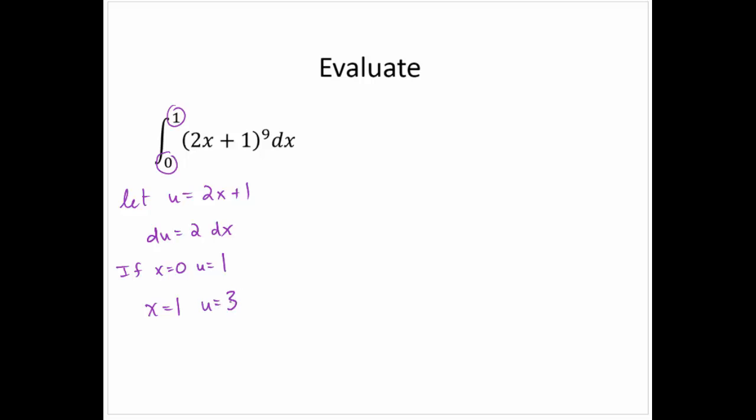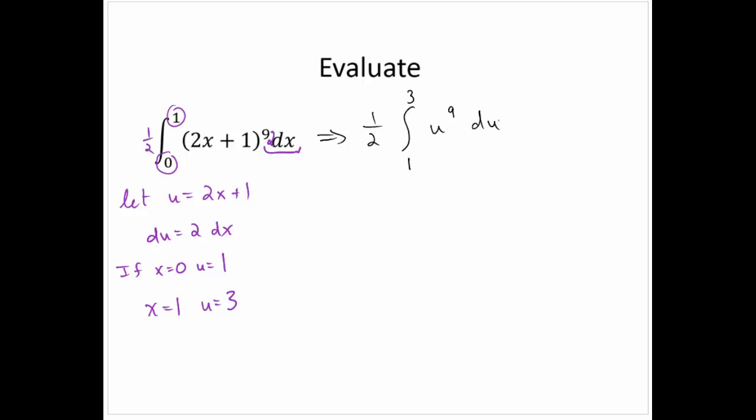All right, I need du to be 2 dx, so I need to put a 2 inside. I need a 2 dx, which means I'll need a 1/2 on the outside. 1/2 times 2 is 1. And so I can rewrite this as 1/2 integral from 1 to 3 of u to the 9th du.